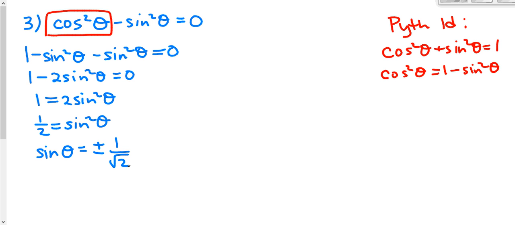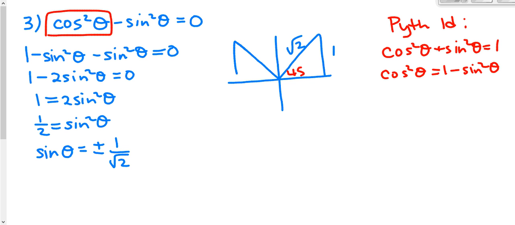It might be more convenient to work with like this. So what angles have a sine value of square root 2 over 2? We put the 1 on the opposite and the square root 2 on the hypotenuse, and we realize that that is 45 degrees, and we're in every quadrant because we have 2 positive quadrants and 2 negative quadrants. So we have all the 45s.